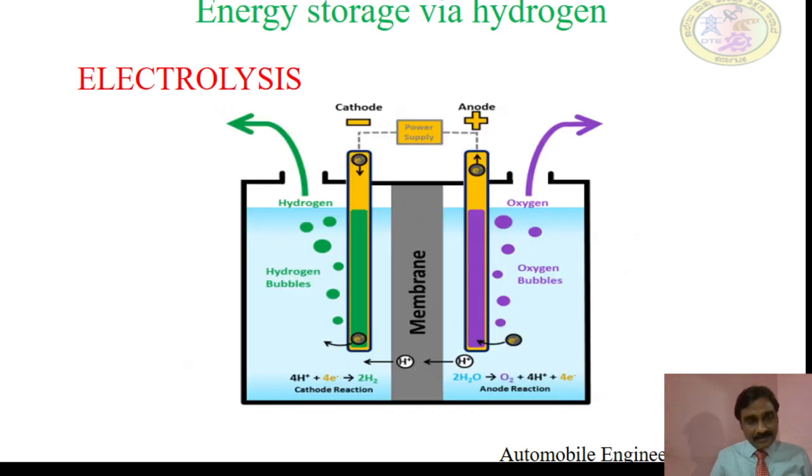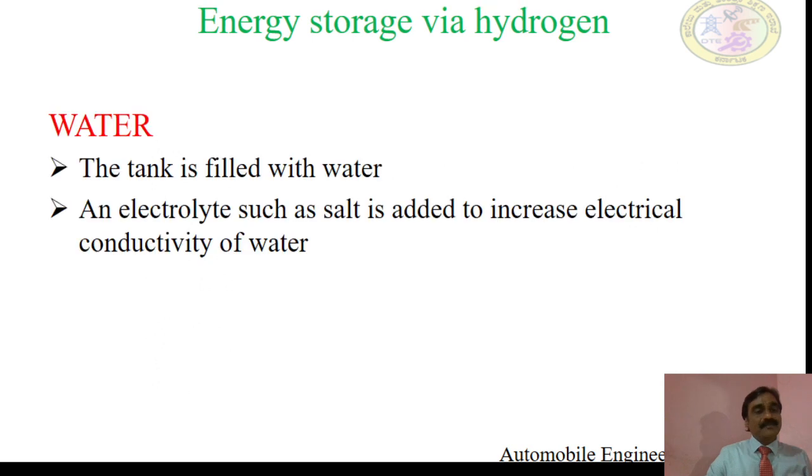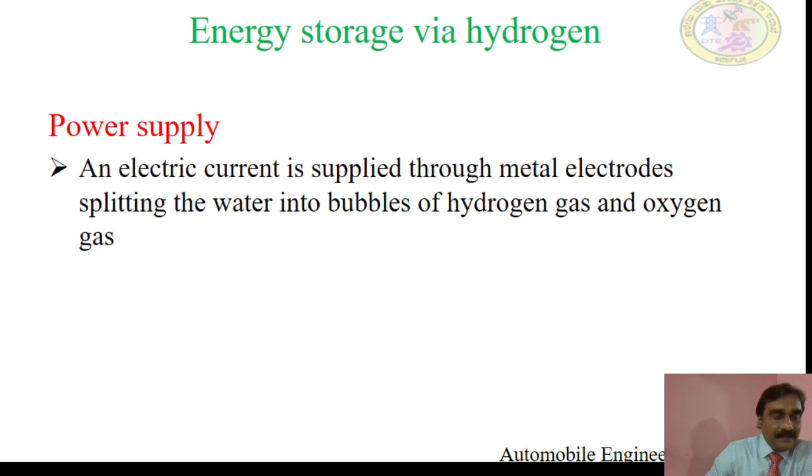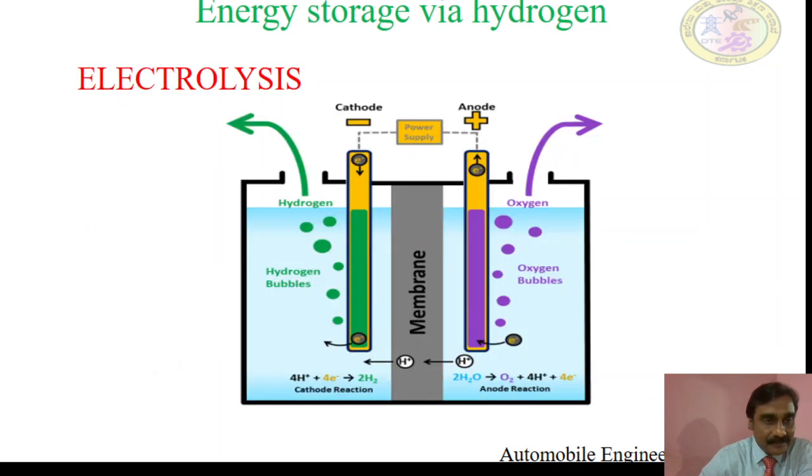This is the electrolysis process. In the electrolysis process, the tank is filled with water, and an electrolyte such as salt is added to increase the electrical conductivity of the water. Then we supply current or electricity to the electrolysis process.